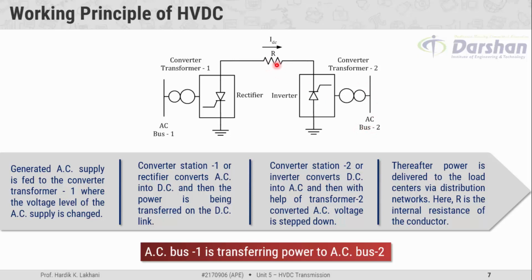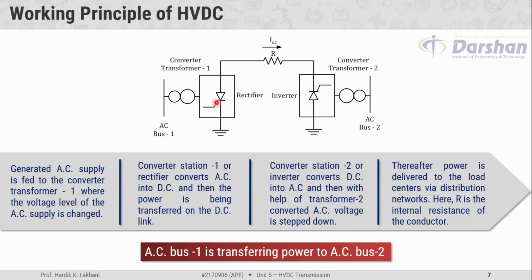The R shown over here is the internal resistance of the conductor, the transmission line which is present between the rectifier and the inverter unit and which is a few hundreds of kilometers long. So in short, if we want to transfer the power from AC bus 1 to AC bus 2, the process is: first of all we have to change the level of the voltage.